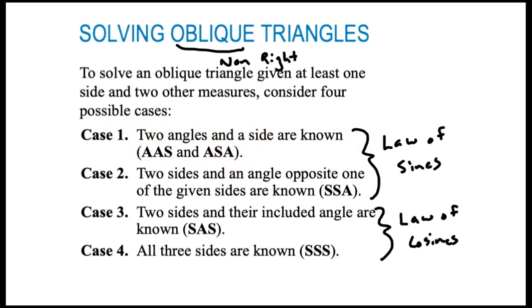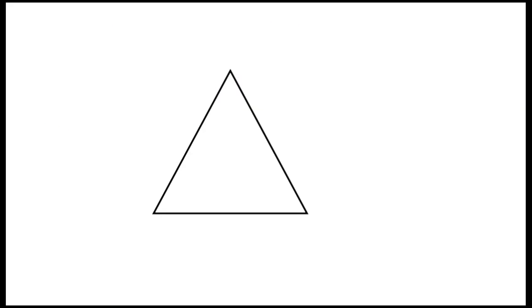All right. Now, before we start, let's just talk about general notation real quick. So in a triangle, generally we label the angles using capital A, B, and C. Then the sides opposite those angles we use lowercase letters. So the side that's opposite angle A would be lowercase a.